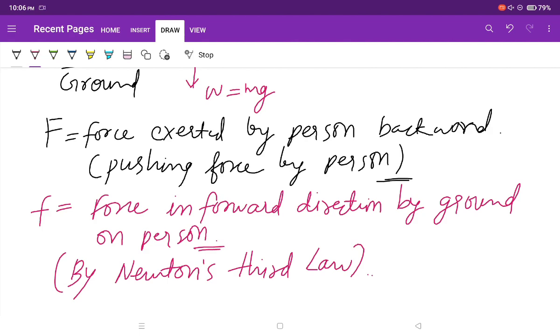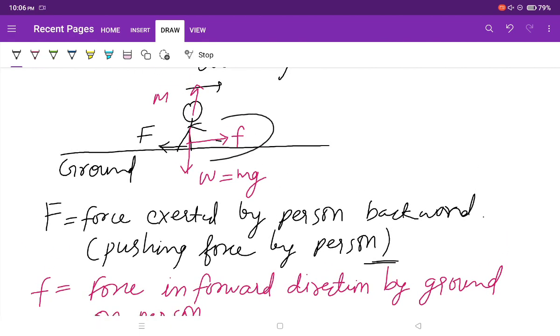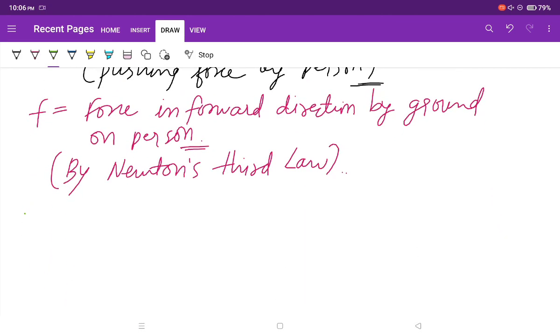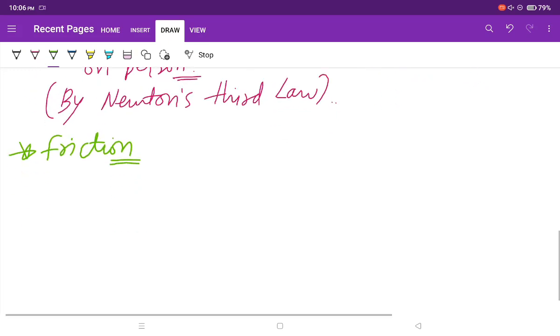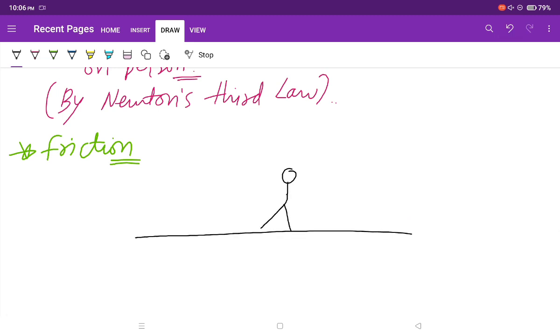Now what pushes you forward? Now this force, this small f force, ये आया किस वजह से? What is the cause of this force? Actually, the cause of this force is friction. What happens here is, when you push the ground backwards, there is a friction coefficient, that is mu, and it opposes what?